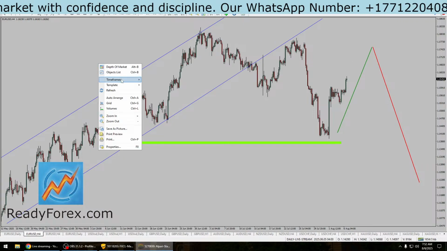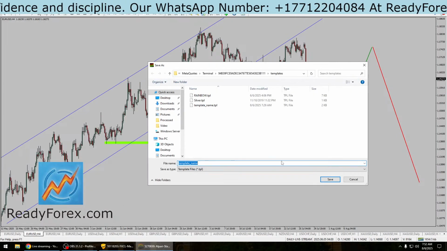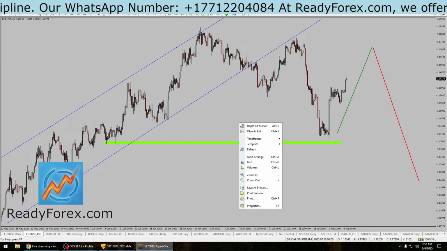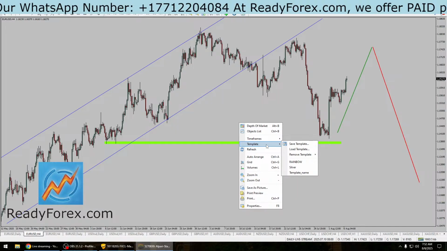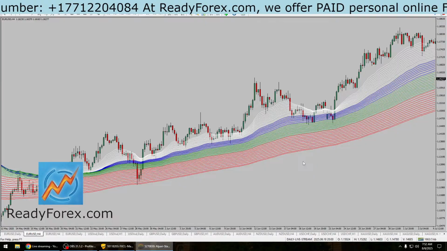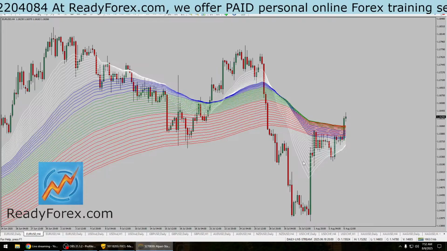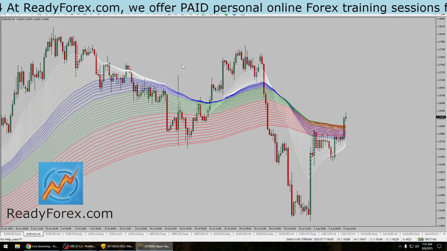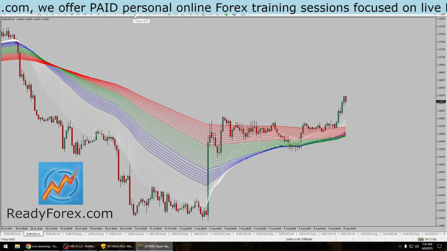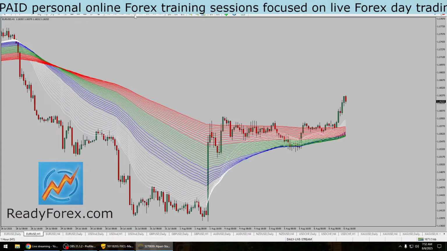Let me show you the rainbow. Let's see what's going on. Right click, go to template, go over to the rainbow. Four-hour looks bearish, and let's check out the 1 hour chart over here. 1 hour is actually turning around.